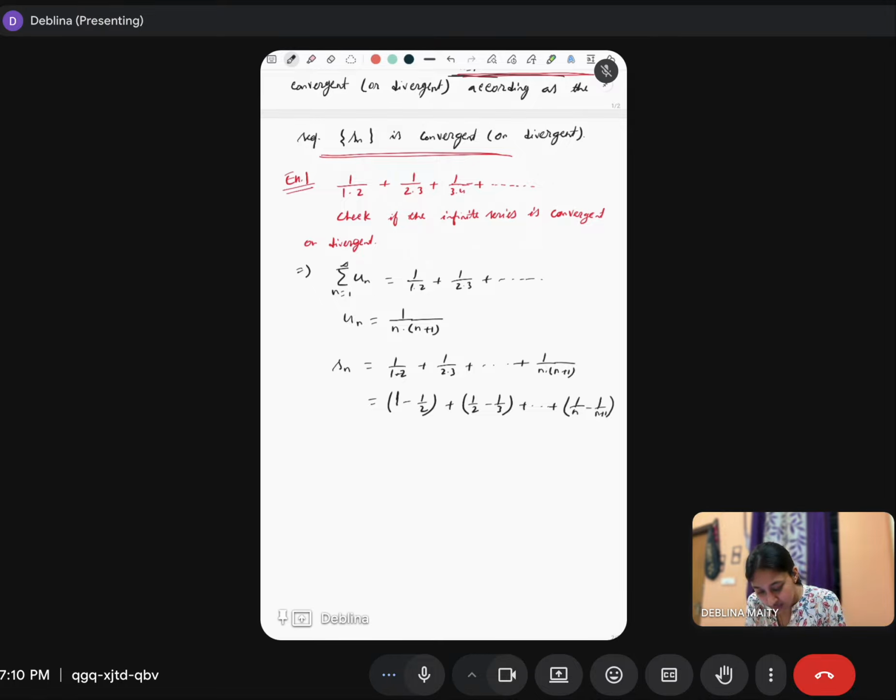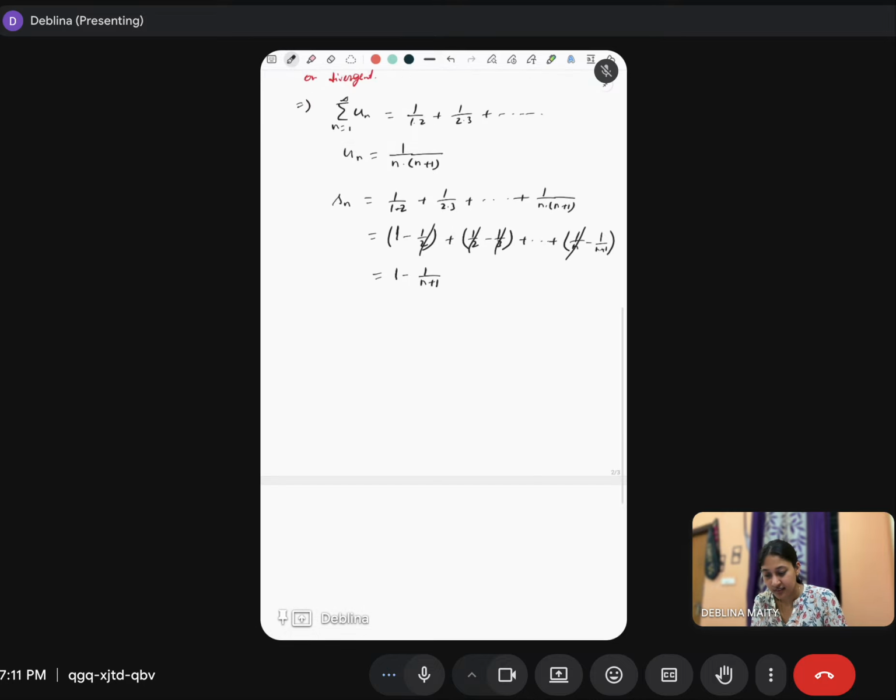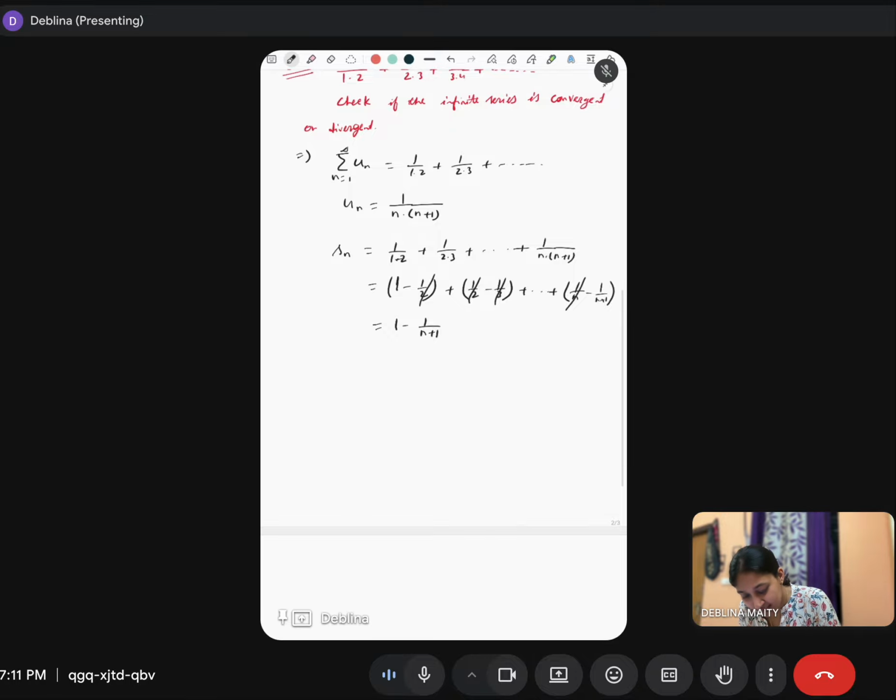Now the middle terms will be cancelled out. So we will be left with 1 minus 1 by n plus 1, right? This is our sequence Sn. This means Sn goes to 1 as n goes to infinity.